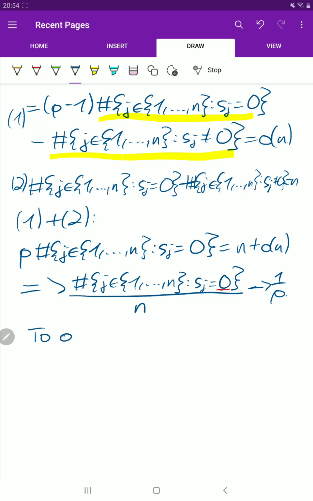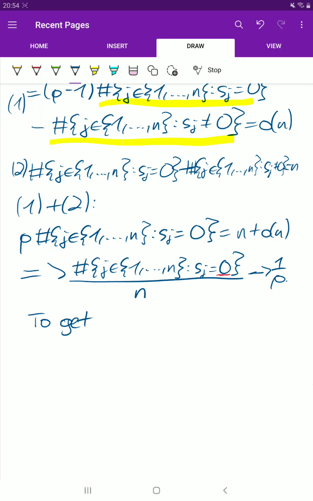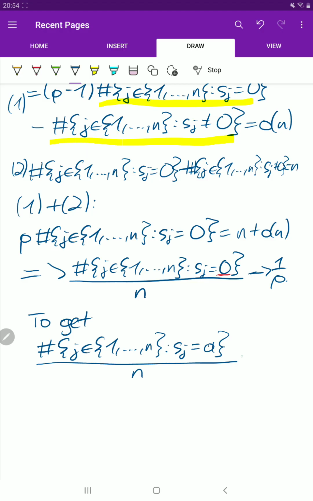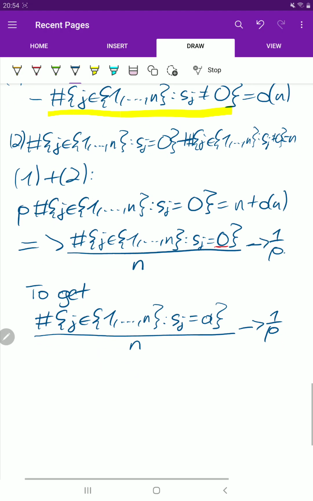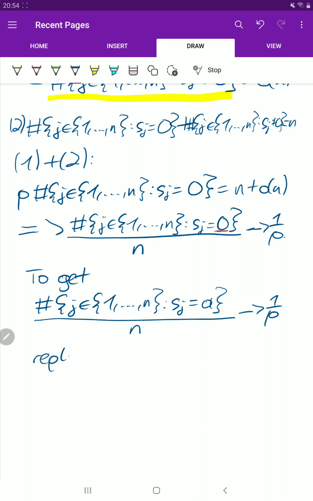If we want to have the number of j from 1 up to n with Sj equal to, let's say, a, divided by n, go to 1 over p, we replace Sj by Sj minus a.